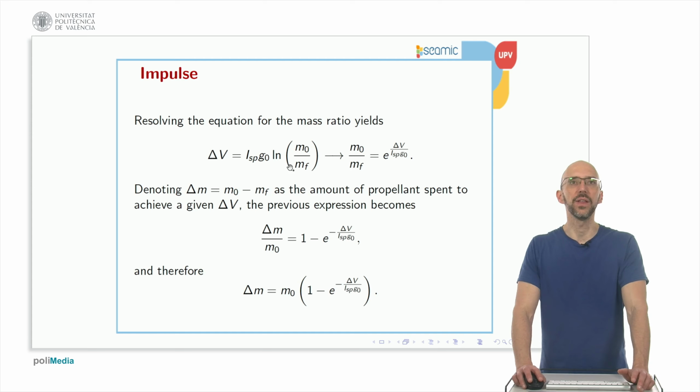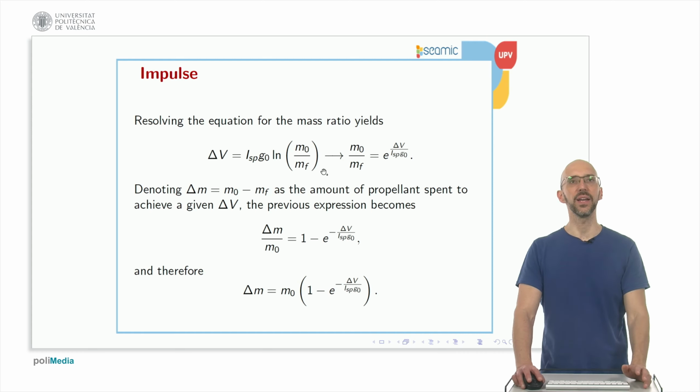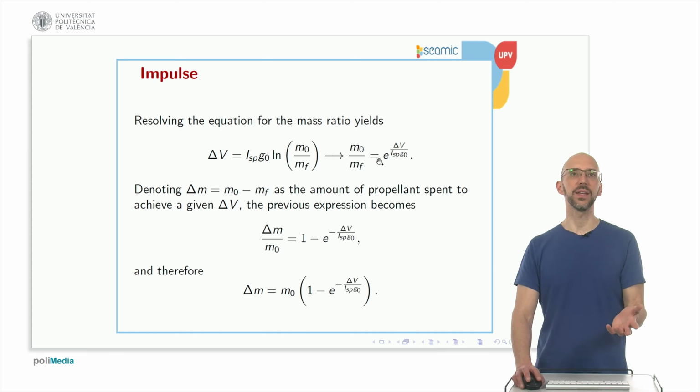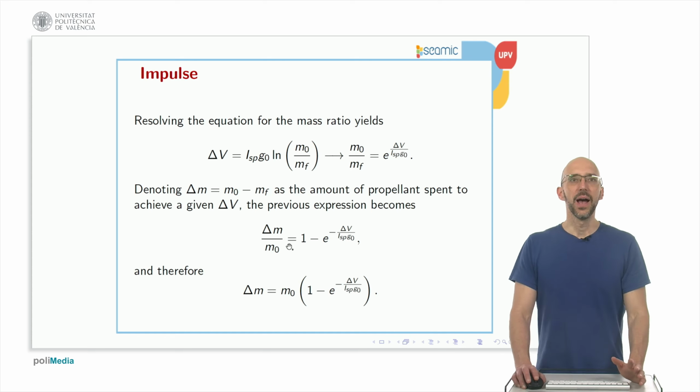I'm just solving for this quotient here. ISP, the specific impulse, and G0, I move to the other side and they come dividing. The logarithm, I can solve by changing it to the exponential function. So this quotient can be written as the exponential function to the power of the change in speed divided by the specific impulse and G0.